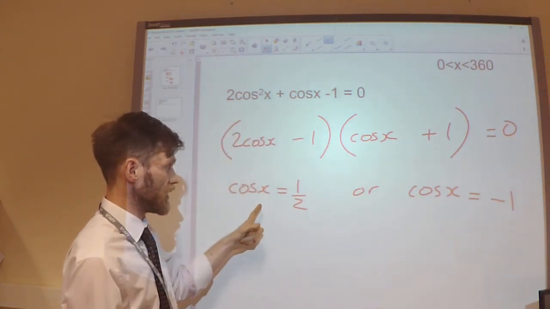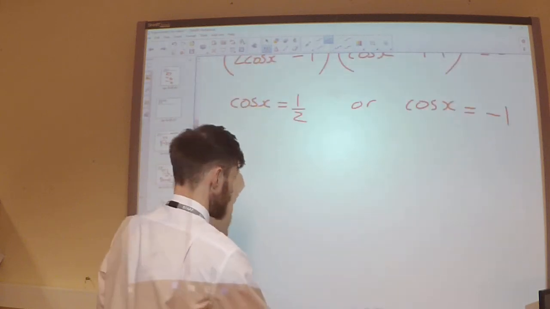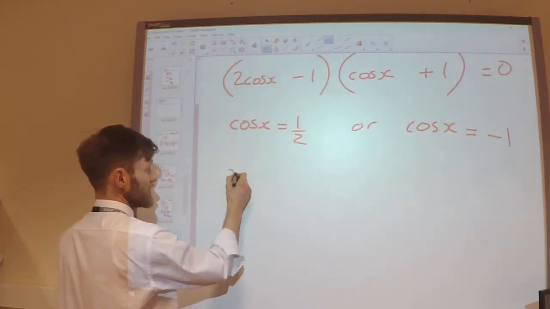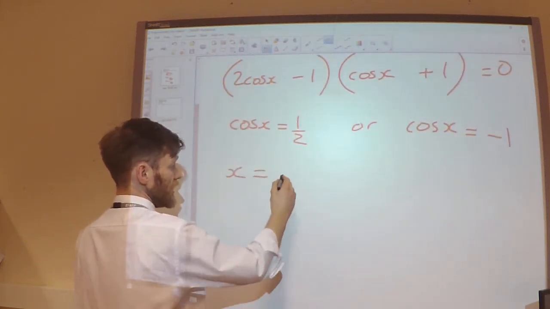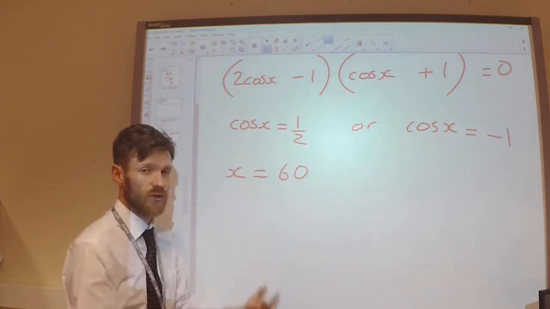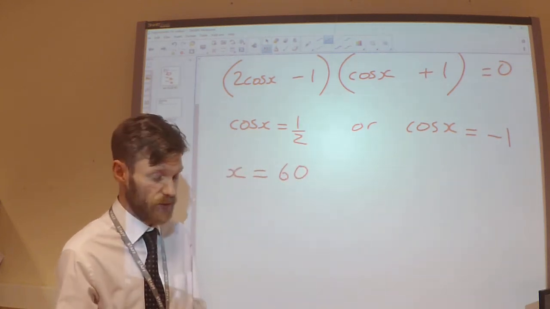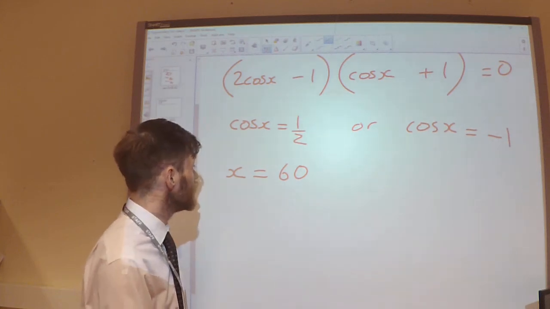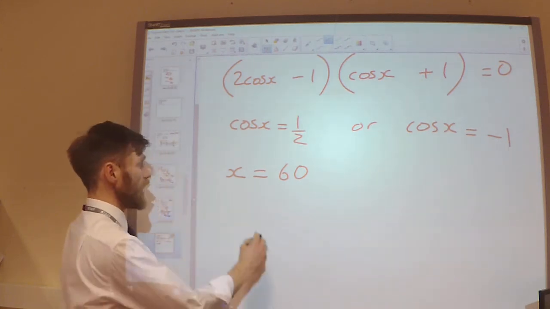Right. I know this one. I know that x will have to equal 60 degrees. I know that cos 60 is a half. It's one of the exact values we know. So we know that one.